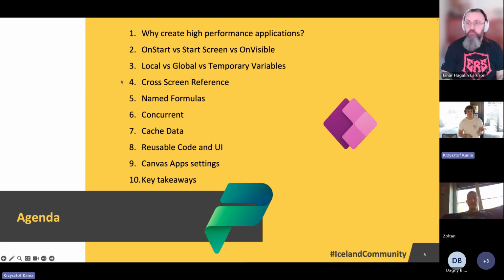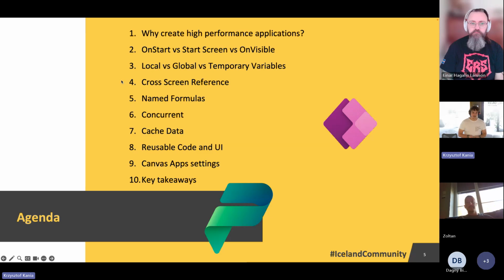We're gonna go through things that are causing a lot of issues to developers, which is OnStart property, start screen, and OnVisible. We'll talk about the pros and cons of each of them, how we can do stuff really well and performance efficient, which things we should never do, and what the Microsoft approach is.